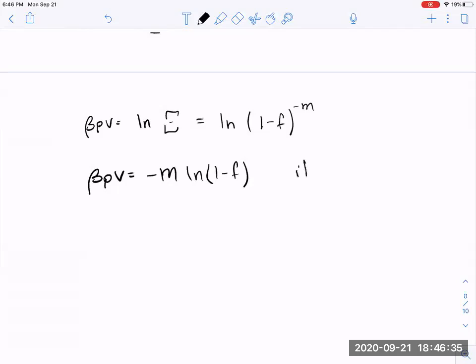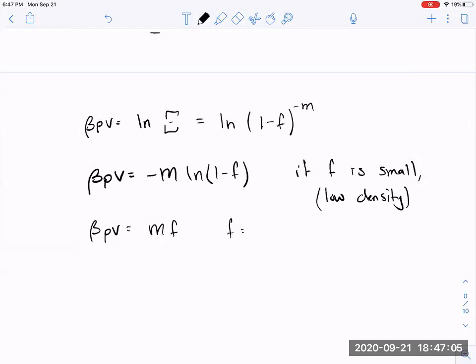If f is small, which is our low density, low concentration assumption. So in fact, all of this is predicated on f being small. If f is small, the log of 1 minus a small number is minus that small number. So beta PV is m times f.